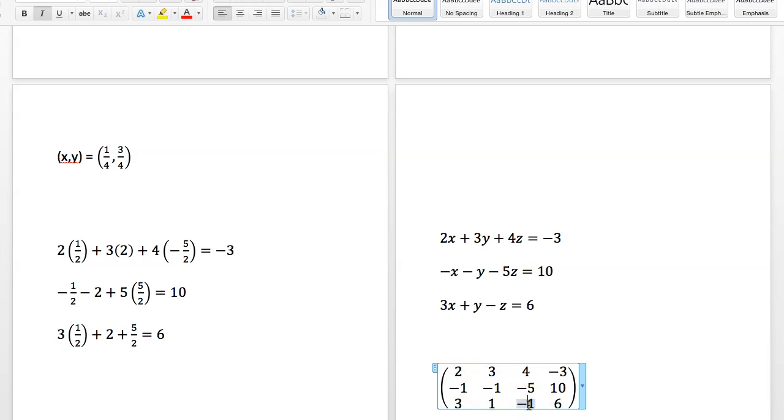At the end of the day, we want to end up with positive one, positive one, positive one, but everywhere else we want zeros, except for the solution column. The solution column is different; we'll find out what it becomes.